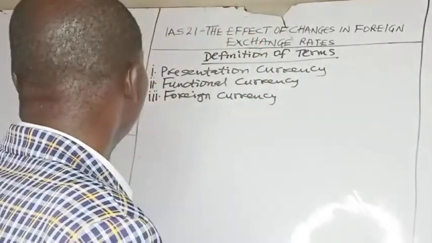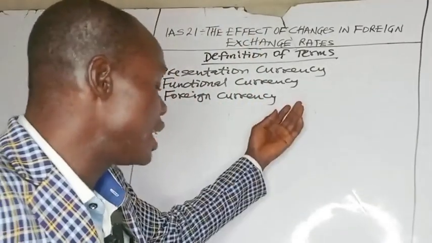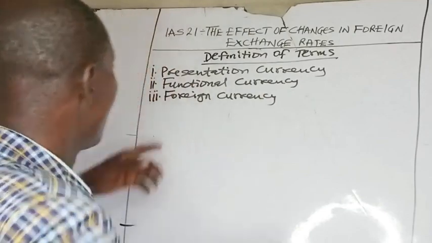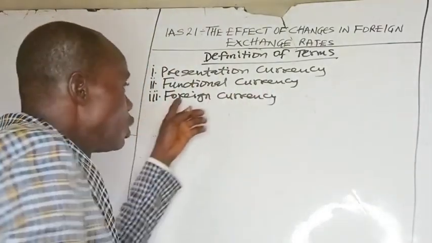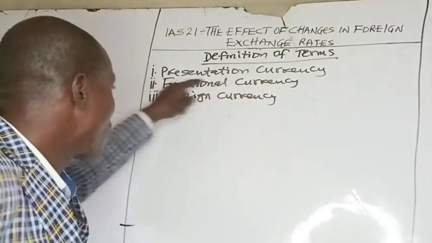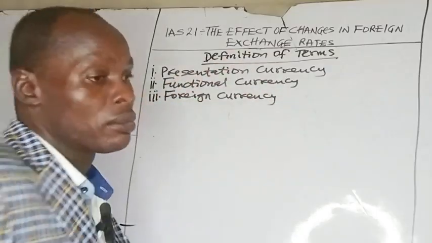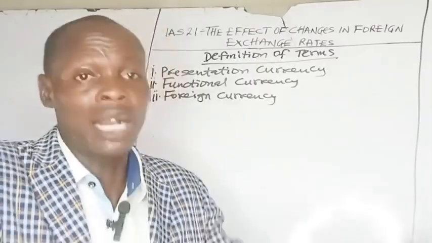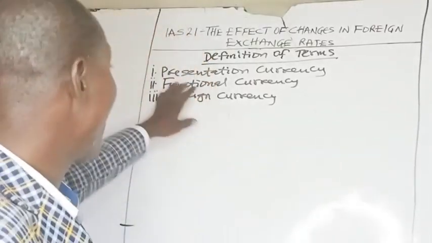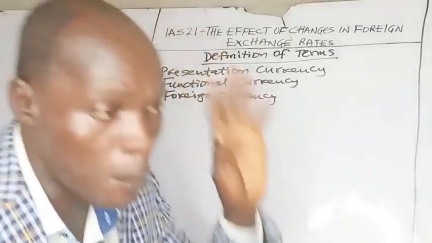If you are in Nigeria, we spend naira in Nigeria, so dollar is a foreign currency to Nigeria, while the functional currency of Nigeria is the Nigerian naira. So it depends on the region, the economic environment in which that entity operates.